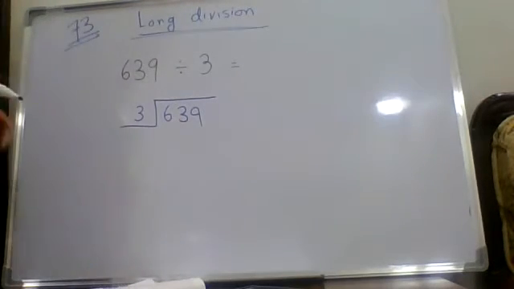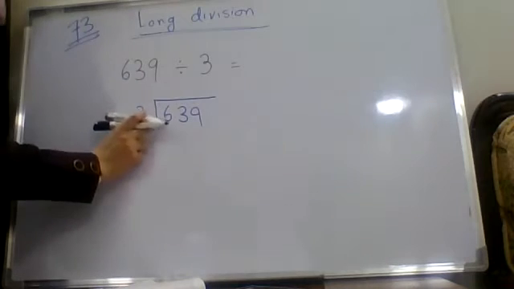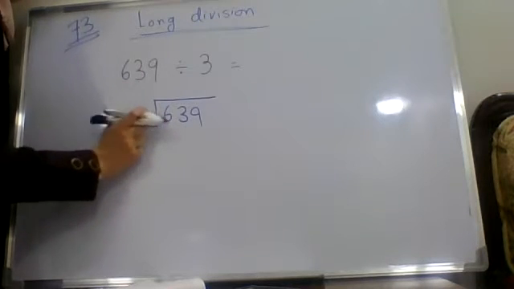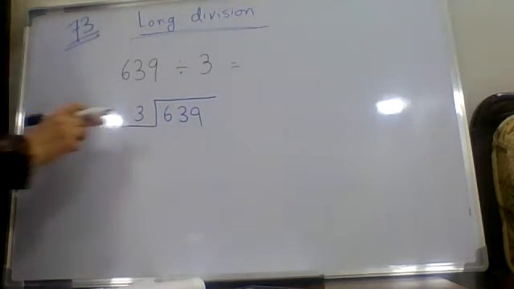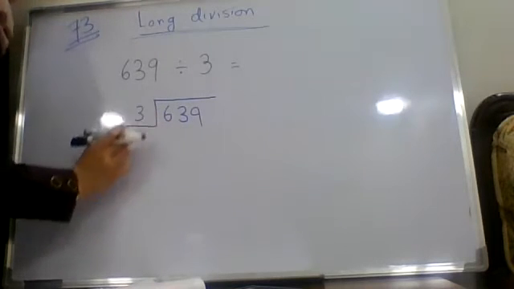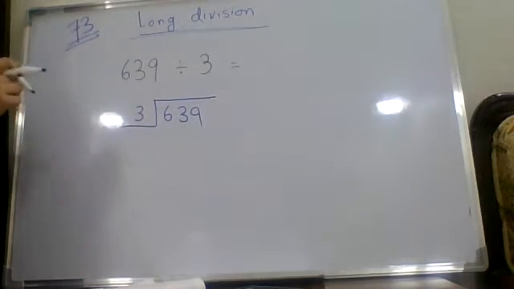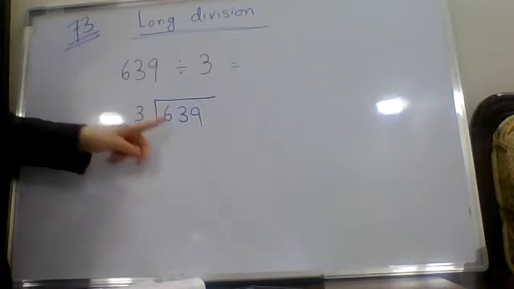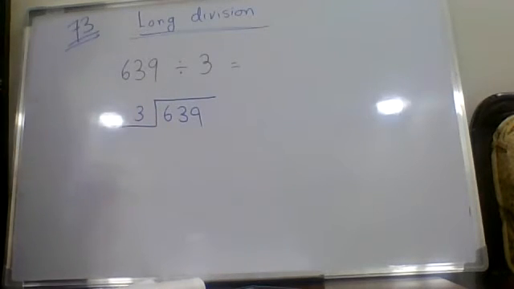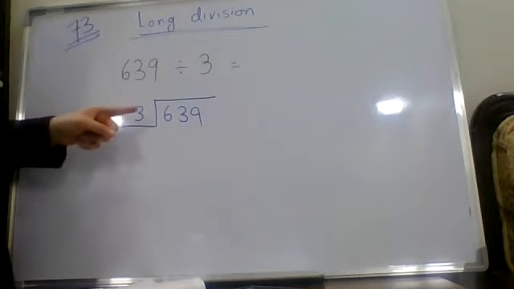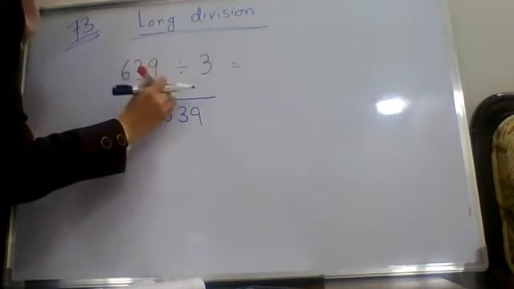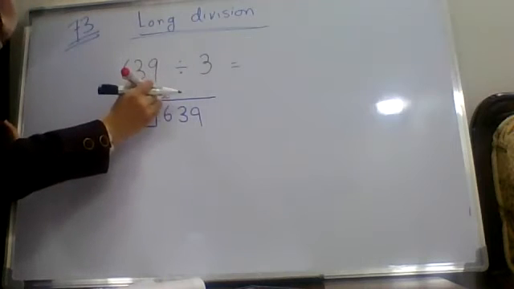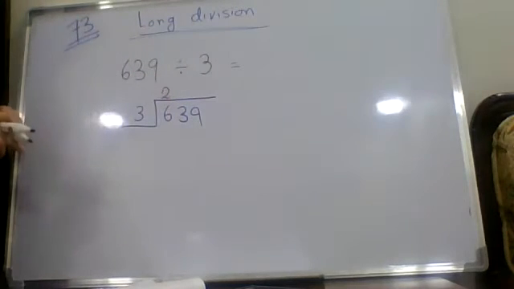The first step: I start from the first number, which is close to the number 3. You ask yourself, how many 3s inside this 6? I have two 3s. Or you can say, where can I find this number on the times table of 3? If you multiply by 2, you find 2 times 3 equals 6.